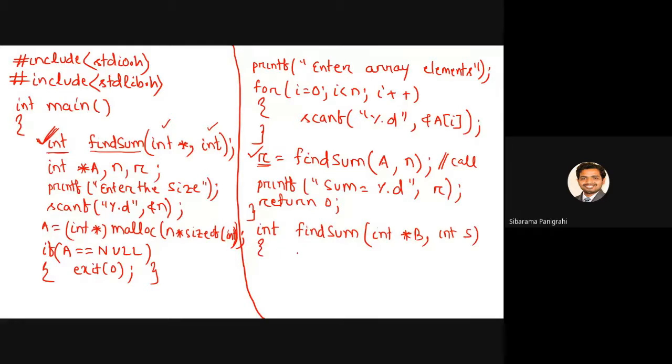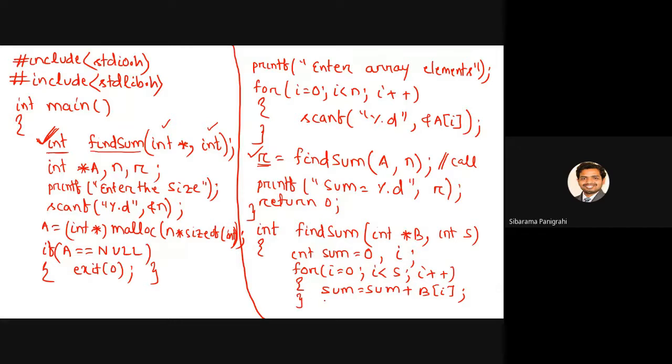Next integer size, let me write s. Next let me compute the sum. Let me take a variable sum equal to 0 and i. Next, for i equal to 0, i less than s, i plus plus. For each element I will write the logic for computing the sum: sum equal to sum plus b of i.